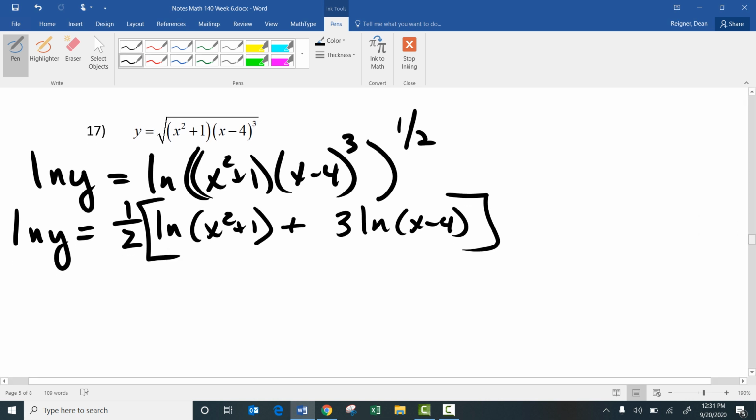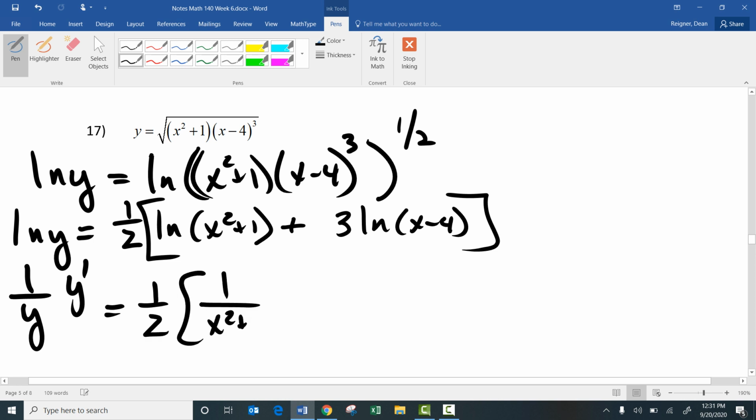All right, the derivative of natural log is 1 over that thing times the derivative of that thing equals 1/2 times the log. The derivative of natural log is 1 over that thing times the derivative of that thing is 2x plus 3 comes along. The derivative of natural log is 1 over that thing, and then the derivative of that thing is 1. Okay?